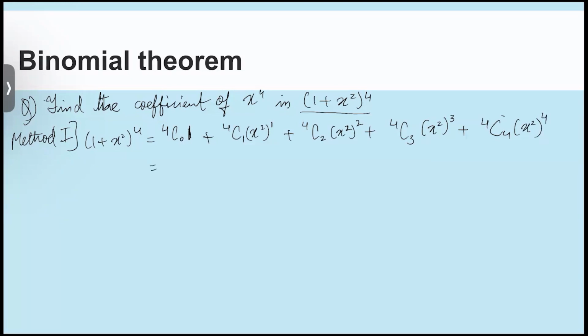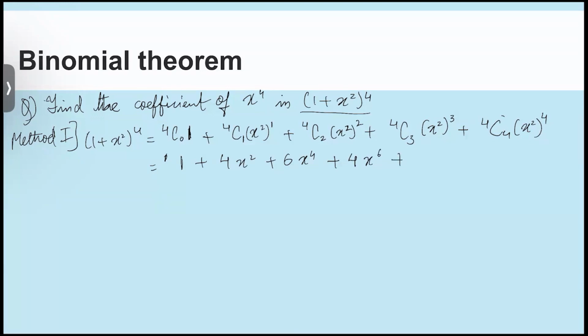Now this can be written as 1 plus 4C1, which is 4, times x squared. Then you have 6 times x squared raised to 2, so 2 into 2, x to the 4. Then 4C3, which is again 4, and x squared raised to 3 is x raised to 6.